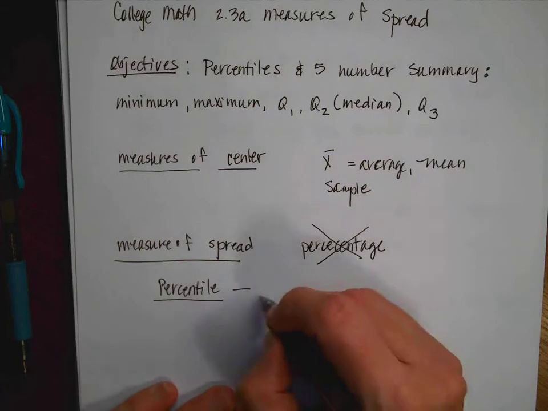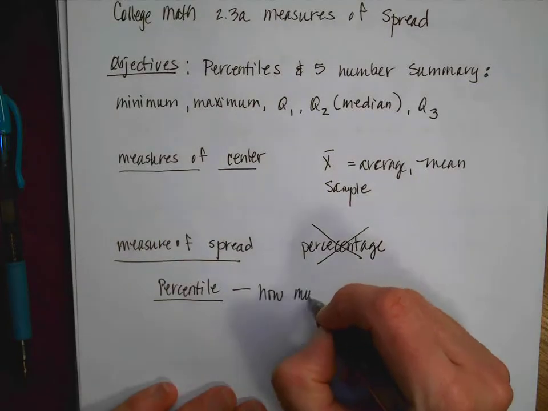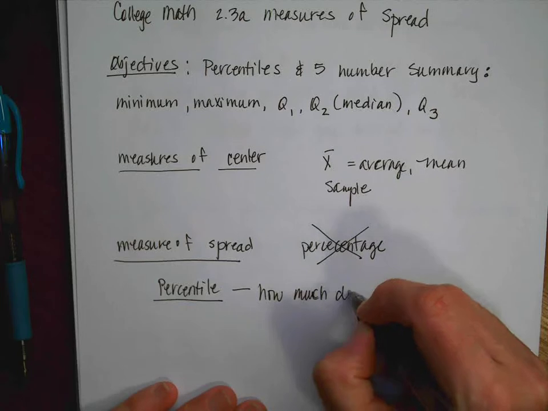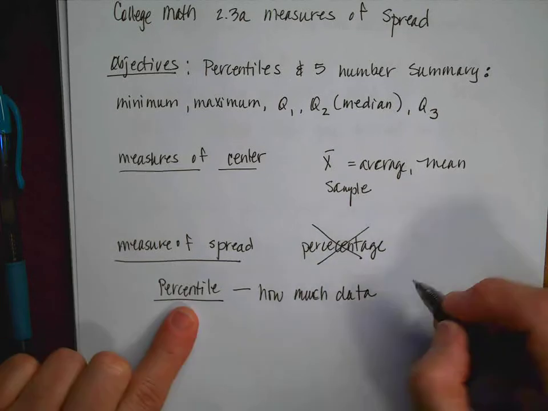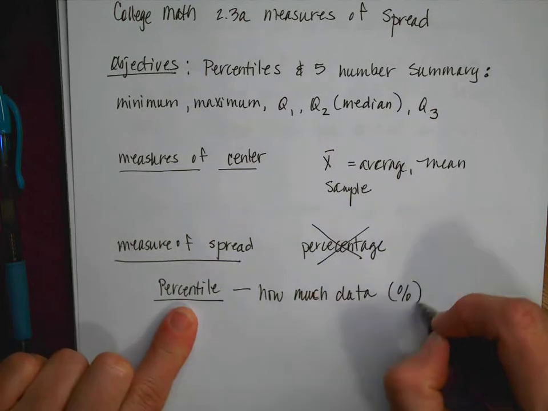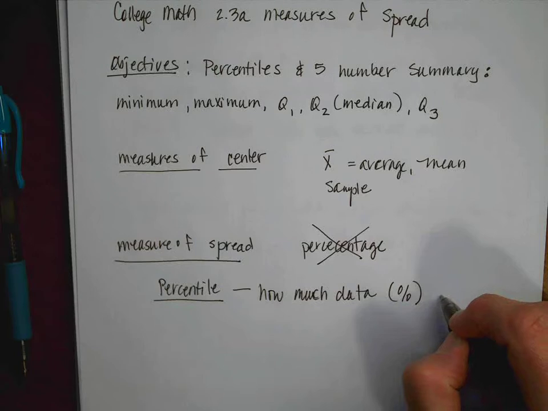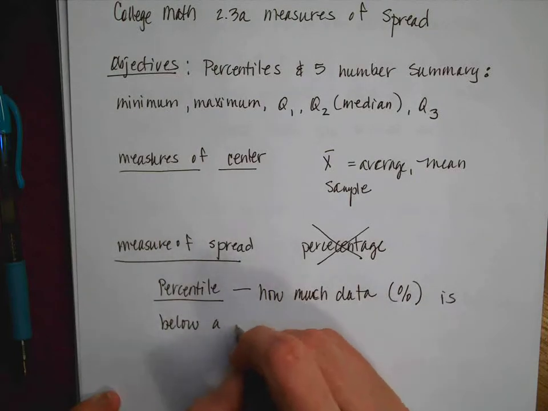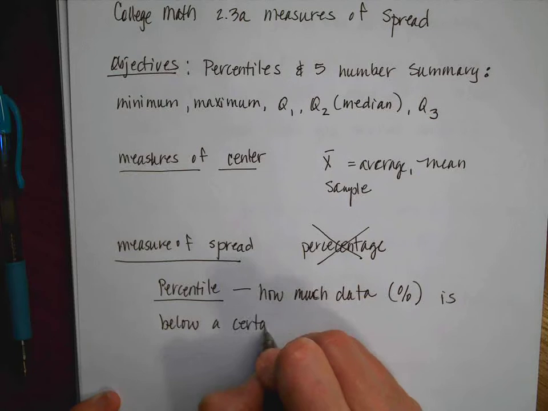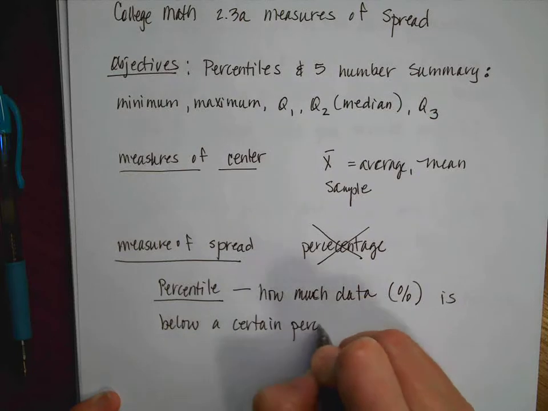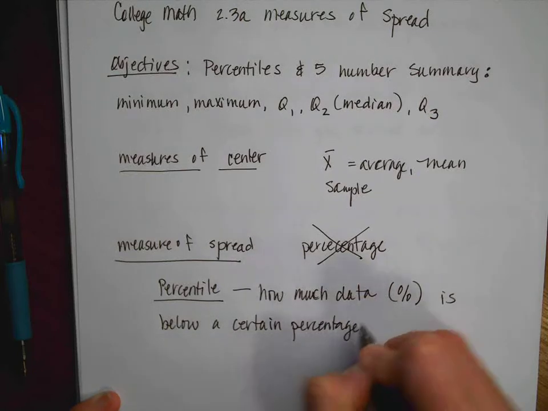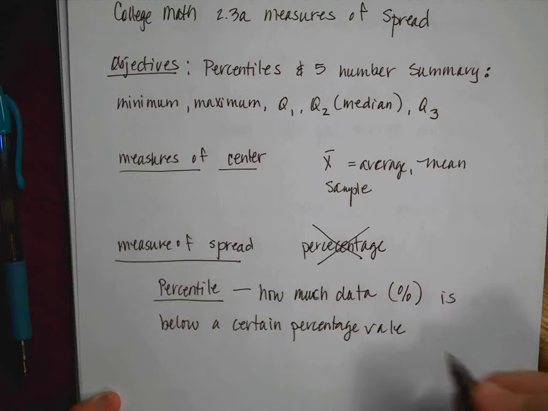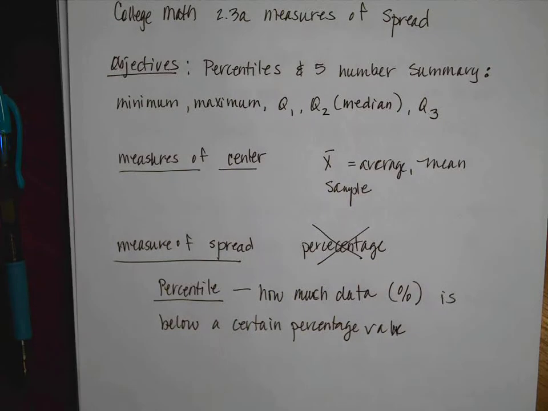So a percentile is how much data, and usually when we talk about percentile, we are talking about a percent, is below a certain percentage value. Okay, and so the easiest way I think to understand percentile is actually to give you some examples.